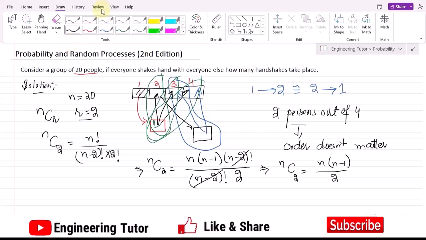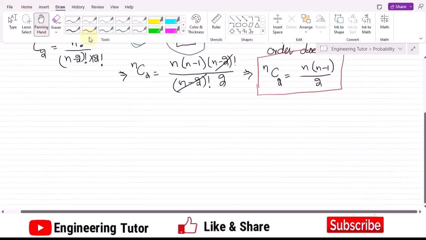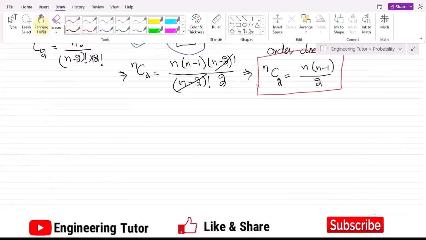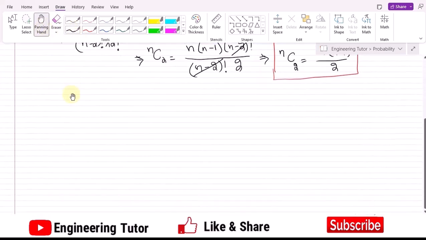So that is the formula which will be used for these types of questions, like handshakes or hugs, etc., in a certain group of people. Now putting in the values, when n is 20, this will be 20C2.